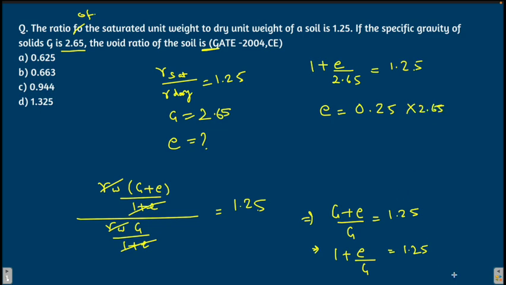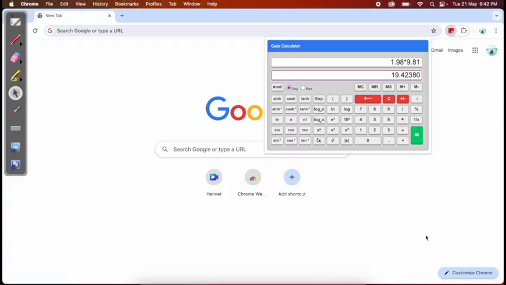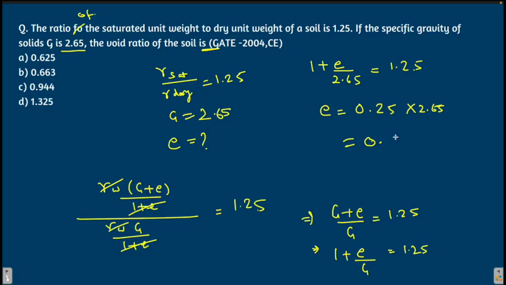Let me just calculate this: 2.65 into 0.25 comes out to be 0.6625, right? 0.6625. Let's check the answer. 0.663. This is the correct answer.